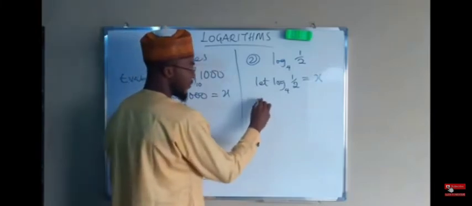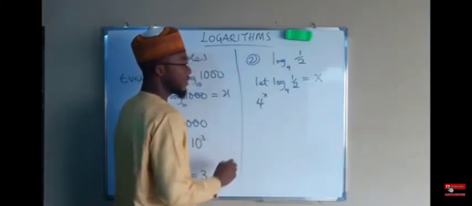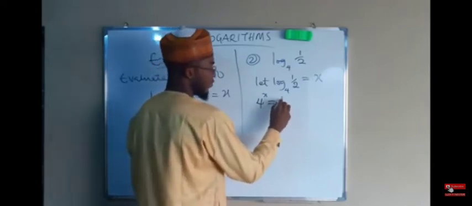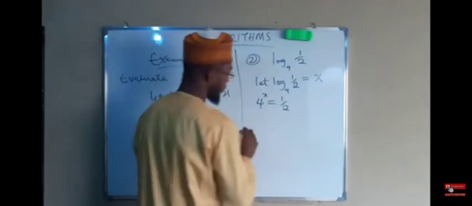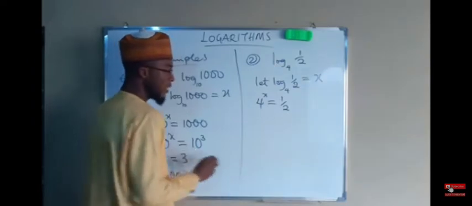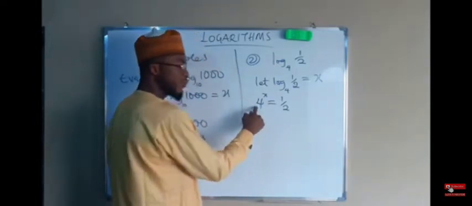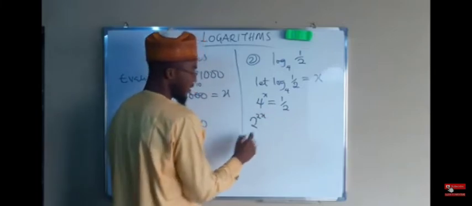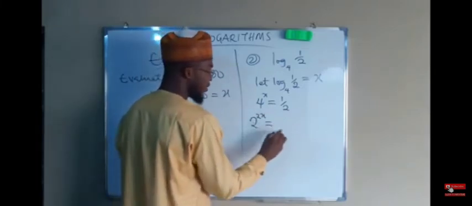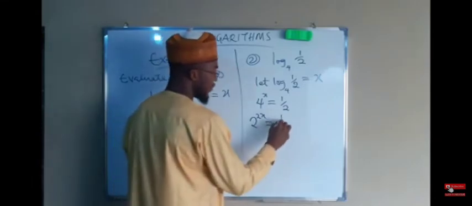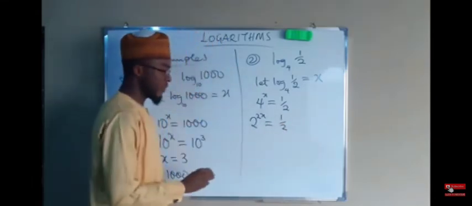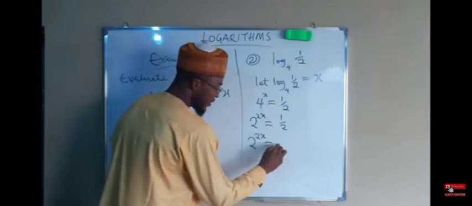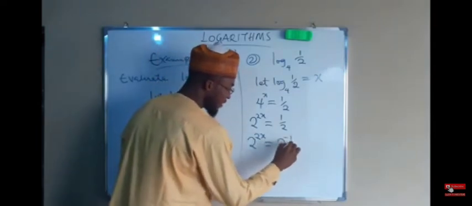So 4 to the power of x equals 1 over 2. 2 to the power 2 gives us 4, therefore we have 2 to the power 2x on the left hand side, and on the right hand side we have 1 over 2. 2 to the power 2x equals 2 to the power of negative 1.